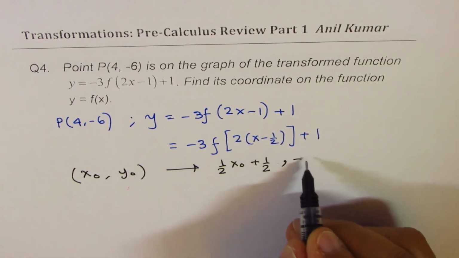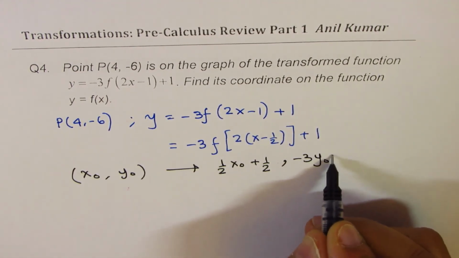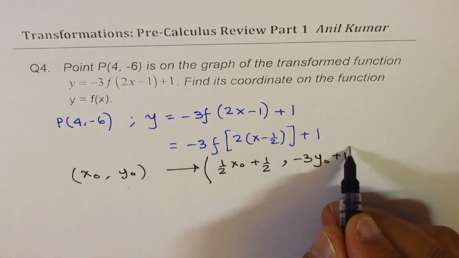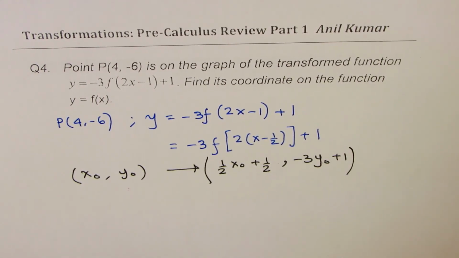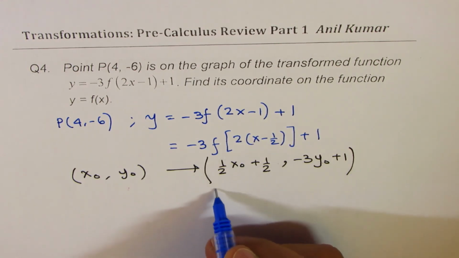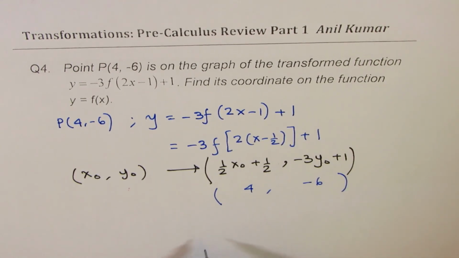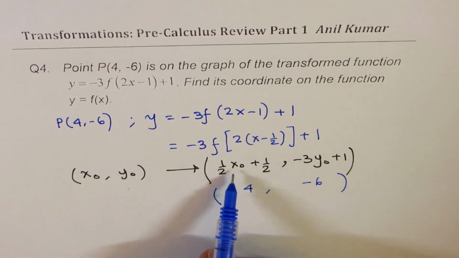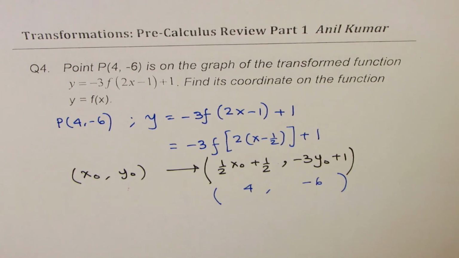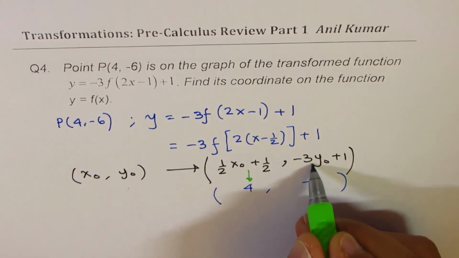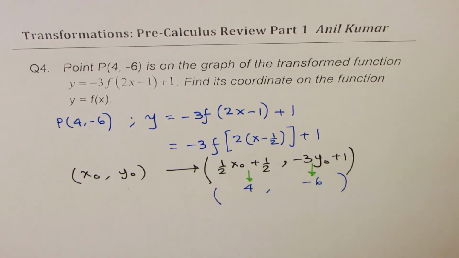As far as y values are concerned, minus 3 times y0 plus 1. So those are going to be the coordinates. Now these coordinates are given to us. We are given these coordinates as 4 and minus 6. Now from here we can find the original coordinates. Do you get this idea, right? So relate these two.